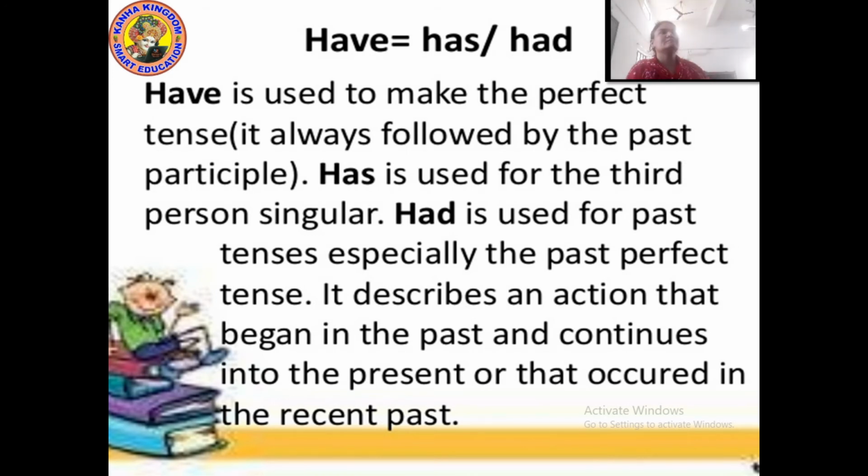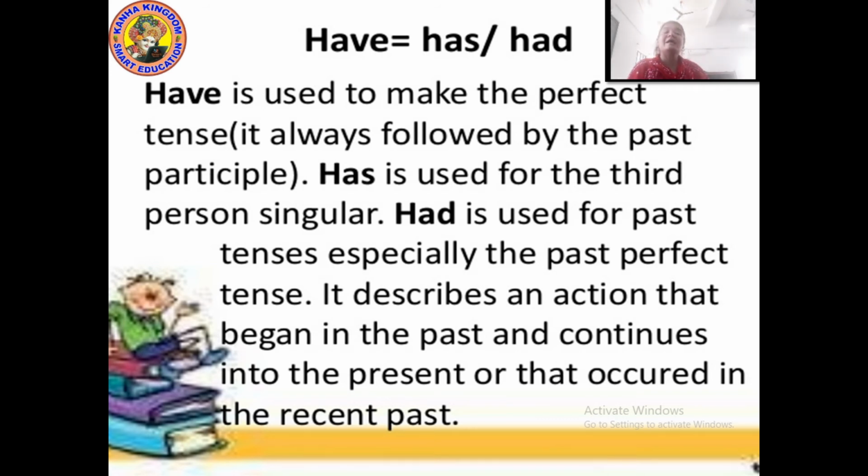Okay. Had is used for the past tenses, especially the past perfect tense. Wherever there is a perfect tense, you will use has, have and had. Okay, but in the past perfect tense you will use had. It describes an action that began in the past and continues into the present, or that occurred in the recent past.